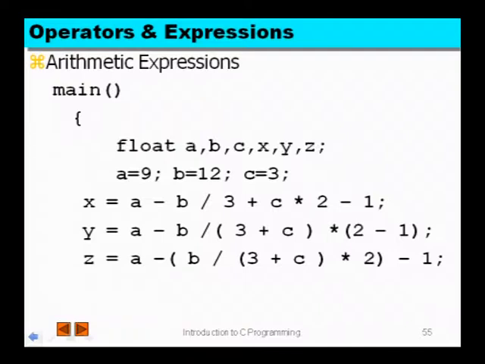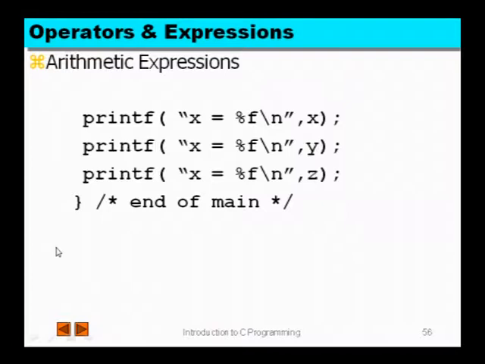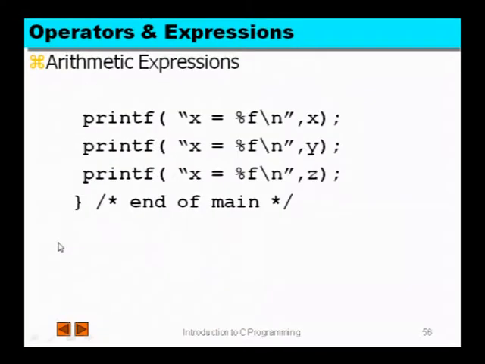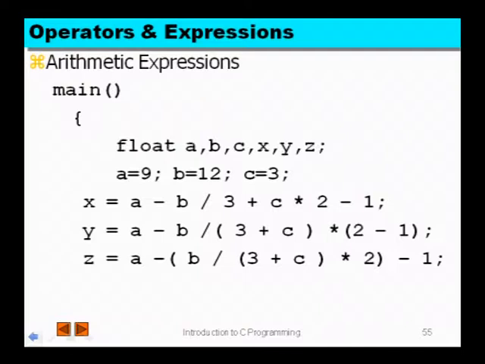What is the value of a? 9 minus b is 12, 12 divided by 6 becomes 2. So, 9 minus 2, the value of y will be 7. Value of y is 7, we shall see it.